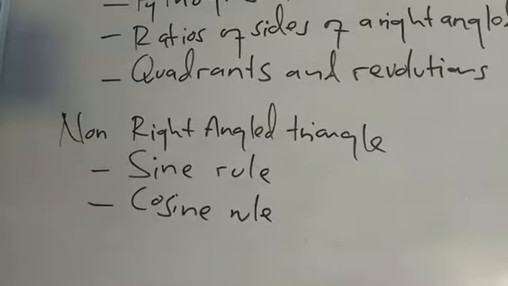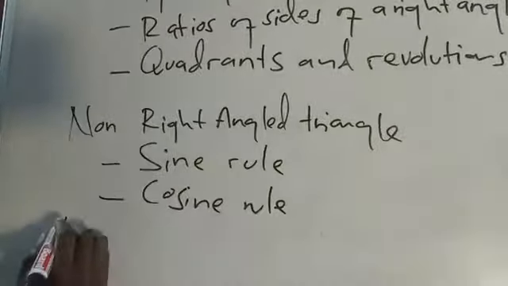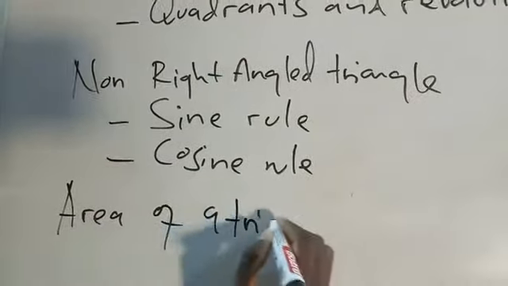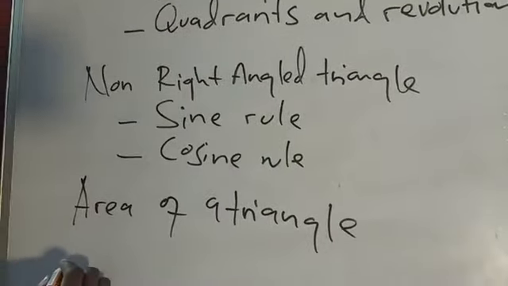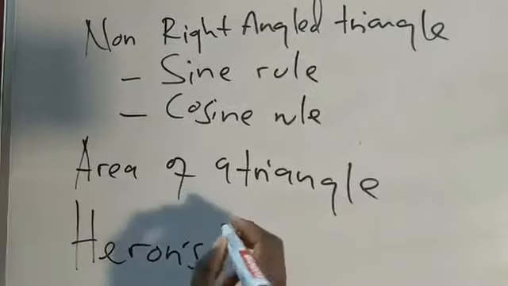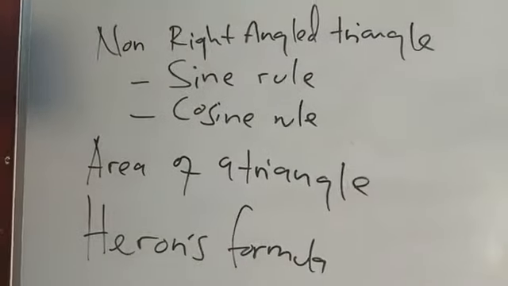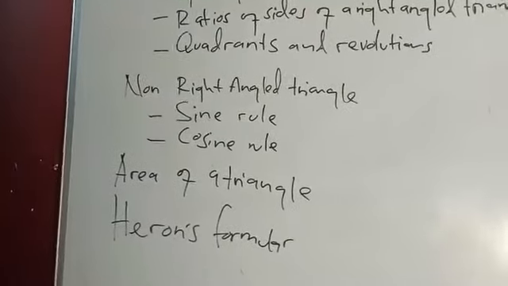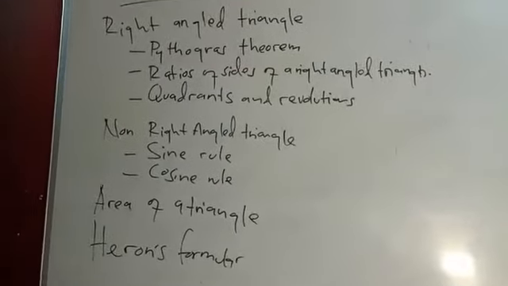Then after, we look at what we call area of a triangle. Finally, we look at what we call Heron's formula. Those are major topics we are gonna look at in trigonometry.